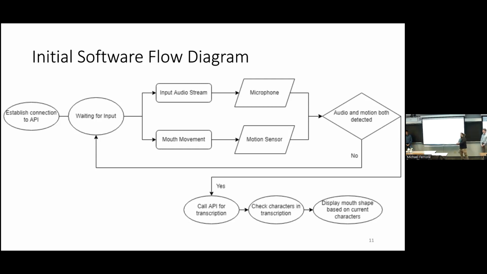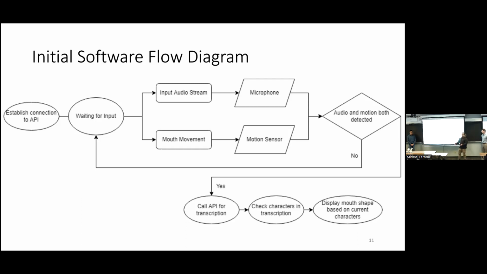Now, with our actual project, we learned that there were a lot of software and hardware limitations, and because of that, we had to adjust it a little bit. We couldn't get real-time speech to text working, because the ESP32 doesn't have enough processing power to do real-time in C. Initially, we had it in Python, but then there was a hardware compatibility issue where we couldn't use specific drivers and libraries in Python.